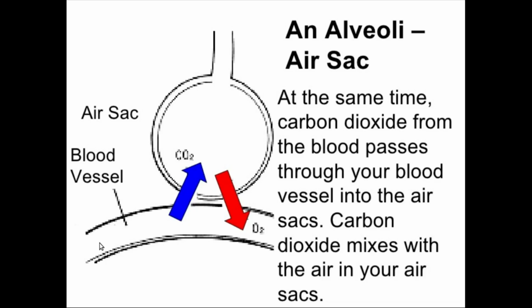Blood will carry carbon dioxide towards the respiratory system, and from the blood, carbon dioxide diffuses towards the alveoli. Through a blood vessel into air sacs, carbon dioxide mixes with the air in your air sac. Then as we exhale air, carbon dioxide is eliminated from our body.